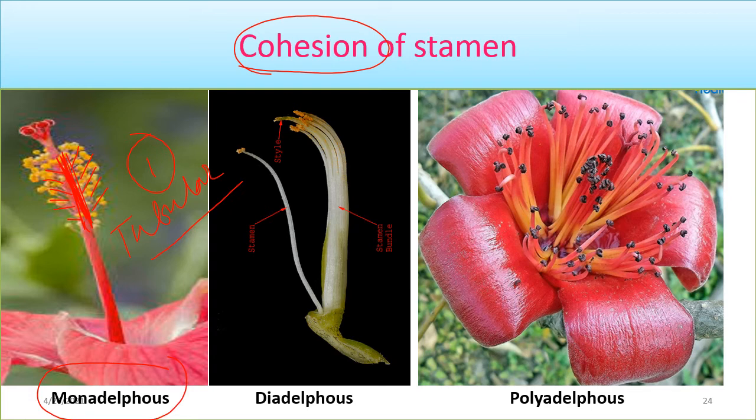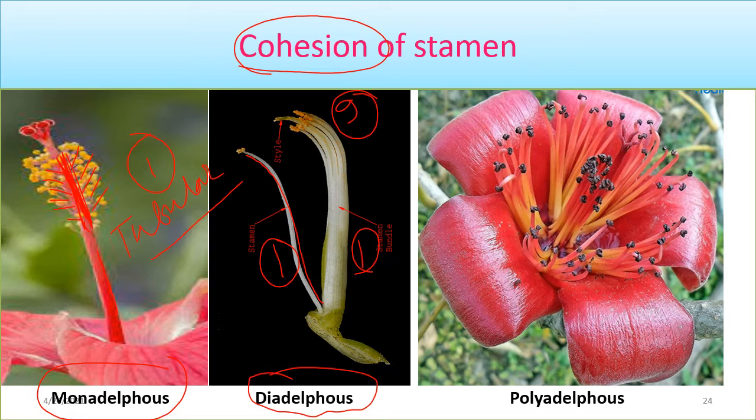If you look at the second picture, one stamen is separate and the remaining 9 stamens are together. Bundle-wise, here it is 1 plus 1. So they are 2 in number, so this is called a diadelphous condition.